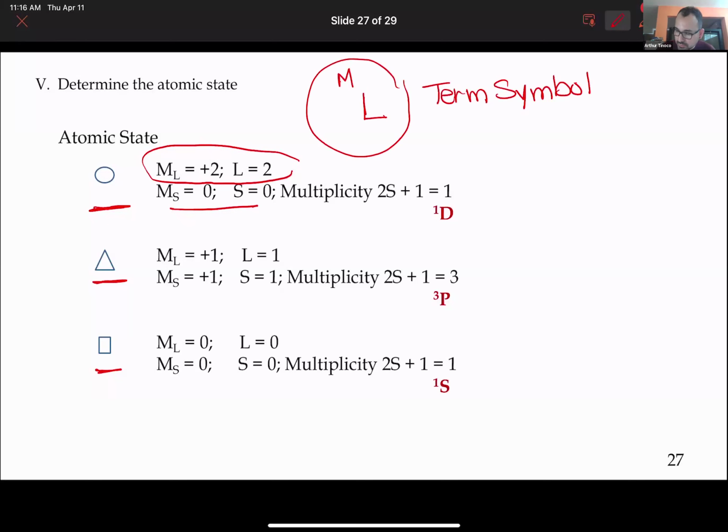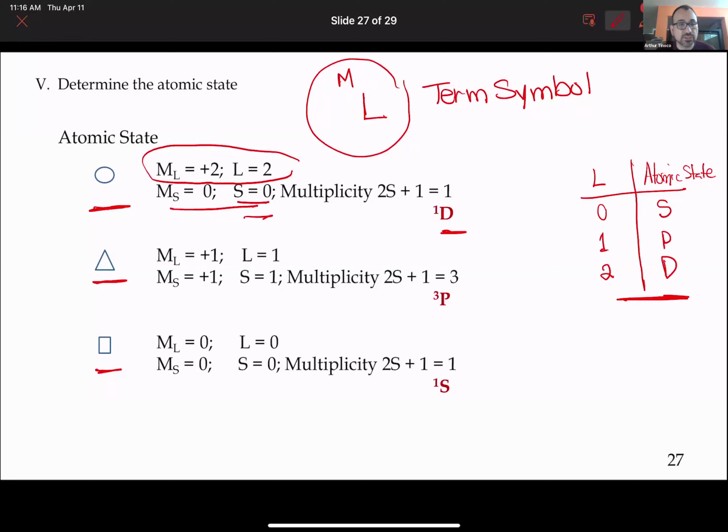We have to remember, for L of 0, 1, 2, the atomic states are S, P, and D. So if we have L equals 2, that gives us a state of D, which is right here. And then we have an S of 0 for the spin. You plug that into your multiplicity, you get a value of 1, which is a singlet state.